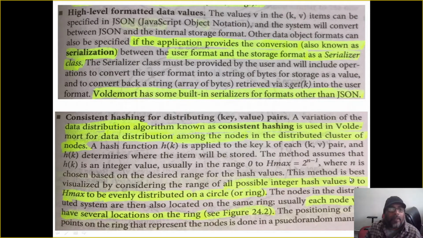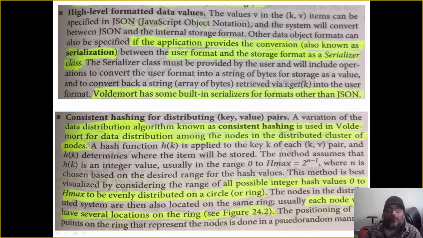The method is best visualized by considering the range of all possible integer hash values 0 to h max to be evenly distributed on a circle or ring. The nodes in the distributed system are then also located on the same ring.